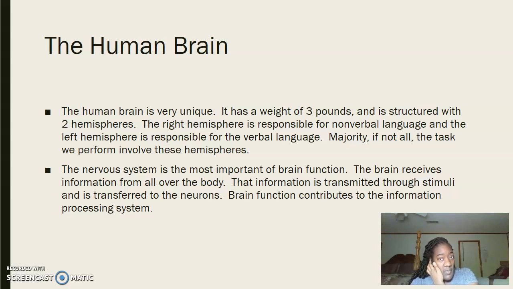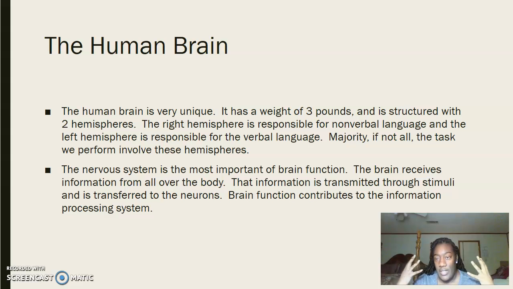The nervous system is very important, because without the nervous system, the brain doesn't function or function properly. How we get information is through the nervous system. Transmitters get stimuli. The stimuli is transferred to the neurons.